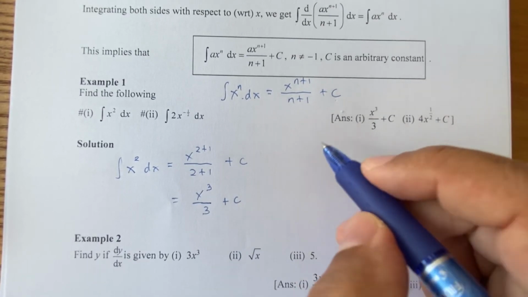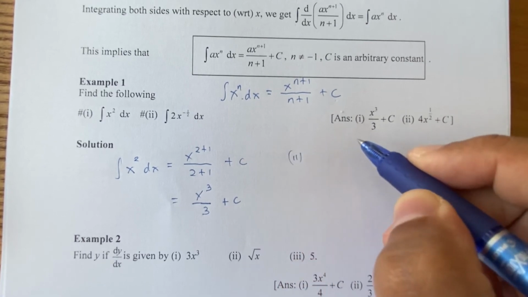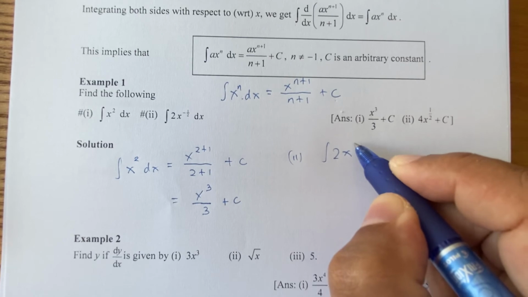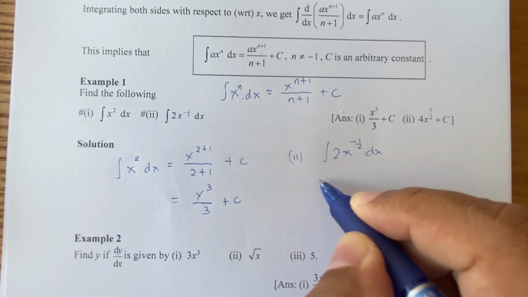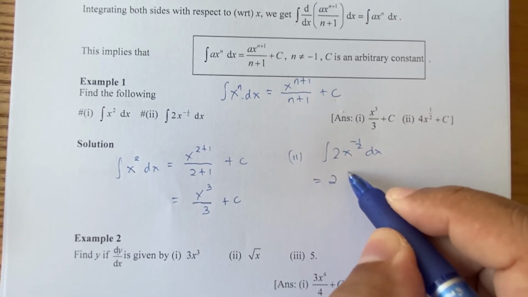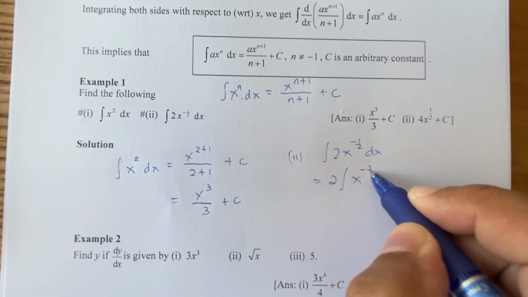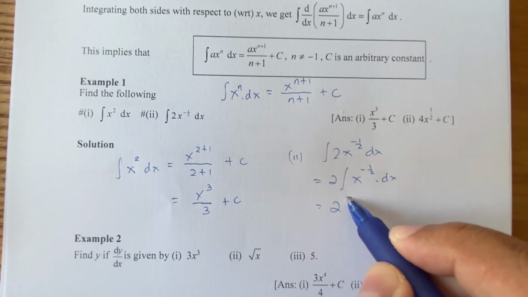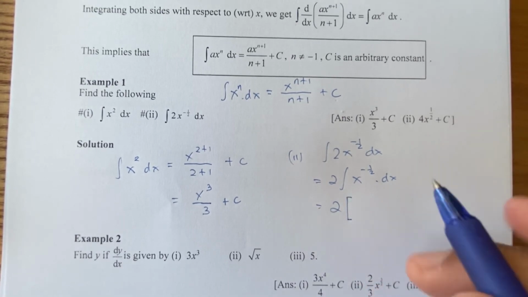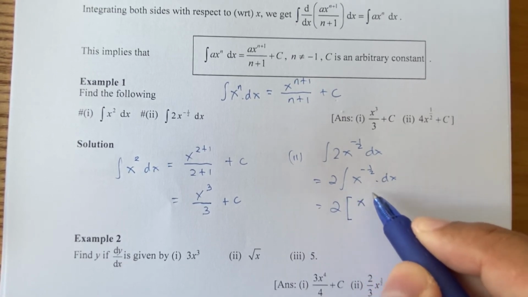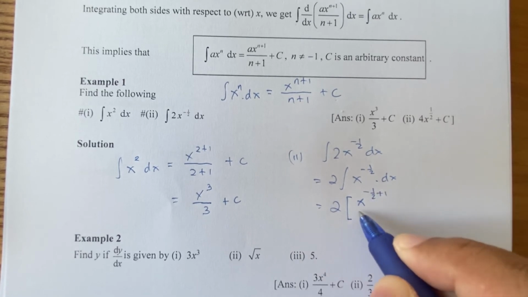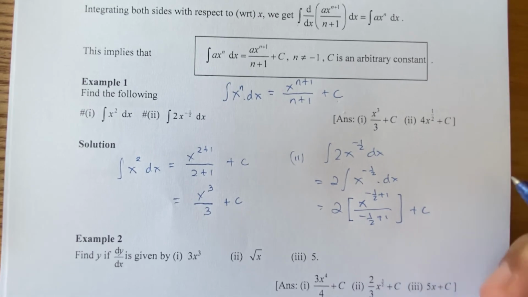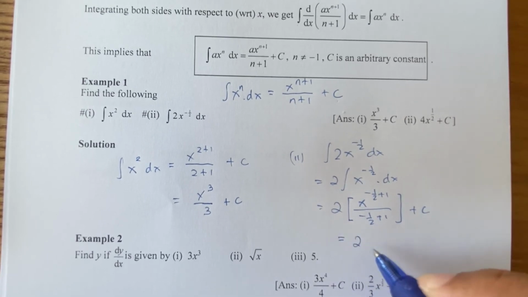Now in part 2, I want to integrate 2x power negative half with respect to x. Now 2 is a constant. I can actually bring that out. And I normally use a square bracket. Now this is going to be negative half plus 1, negative half plus 1, plus c here. We are going to have 2 here.